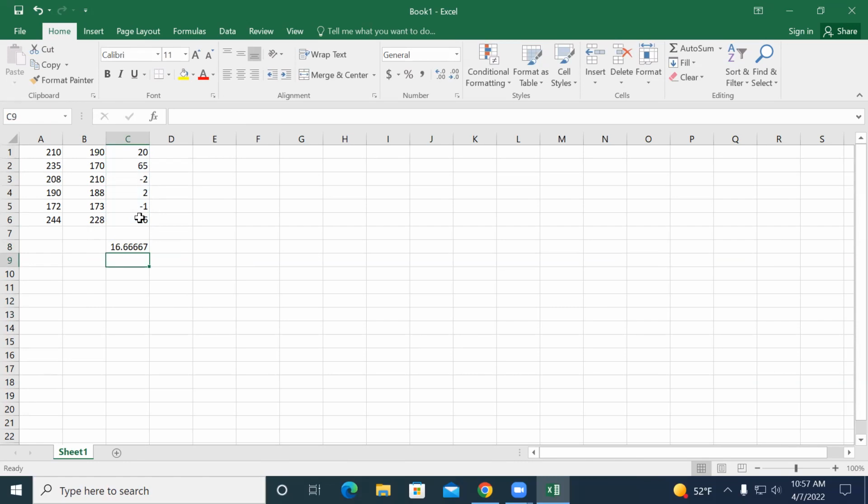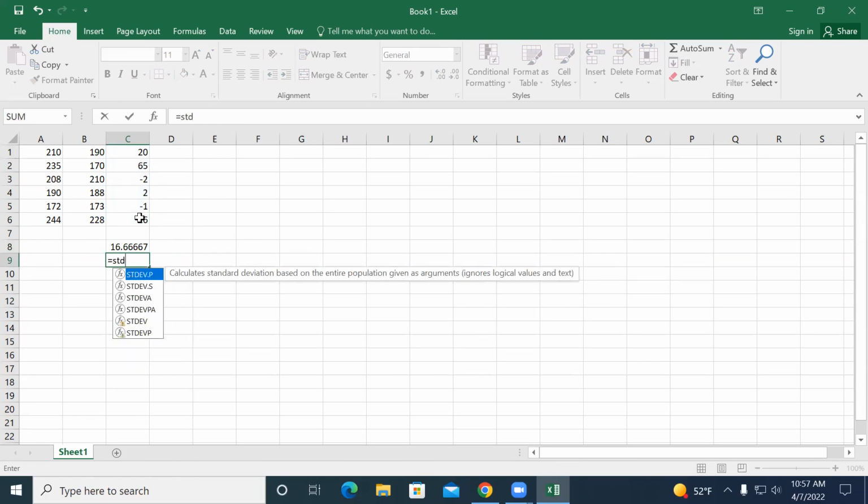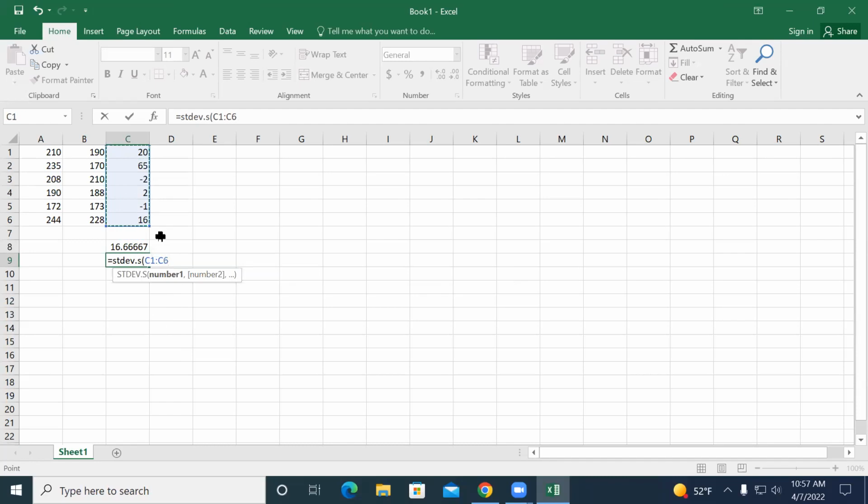Now to find SD, the sample standard deviation, go one more down, type equals STDEV, then a dot, and then tell it whether it's S or P, whether it's a sample or a population. In this case, you have a sample, so hit S, open the parentheses, select the cells you want it to take the standard deviation of, close it, and it tells you the standard deviation.